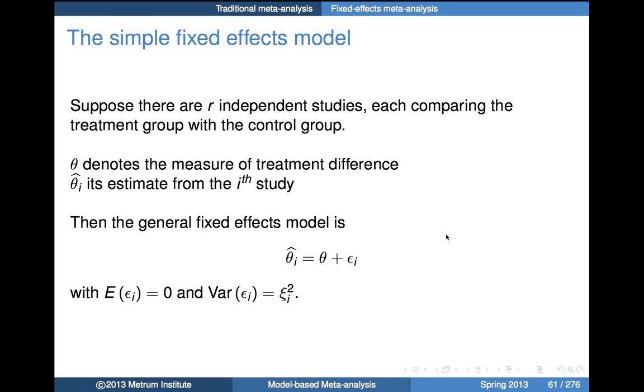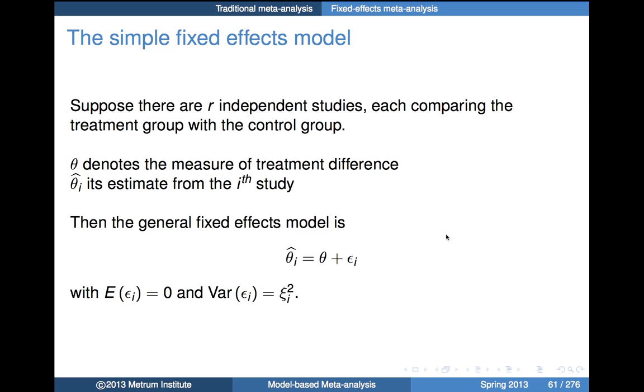So what the simple fixed effects model says is let's just suppose that we have r independent studies, and they each compare the same treatment to a control. So this may be drug X versus placebo, for example. And theta hat i will be our estimate of that difference between the two treatments. And theta is going to denote our measure of the treatment difference, the average measure of effect.